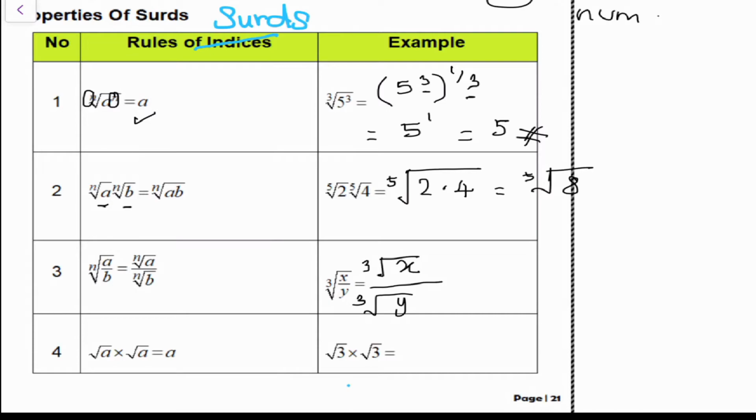Alright, so the next one, the square root of a times the square root of a will equal a. The square roots will cancel each other. For example, the square root of 3 times the square root of 3 will give you only 3.